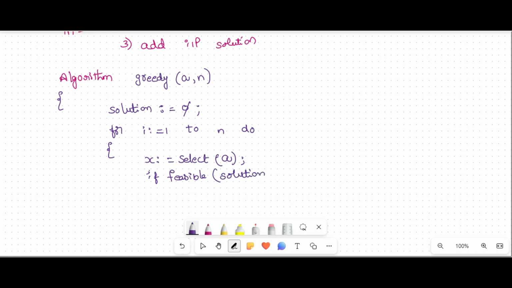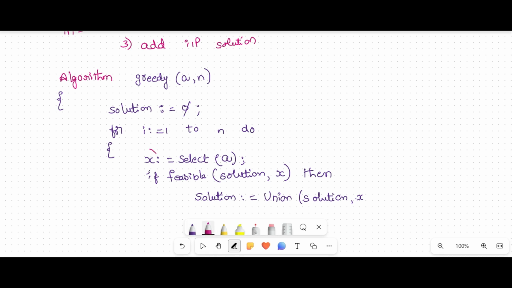Already some previous solution is there, so we are checking whether this X is feasible or not. If it is feasible, then we will add that input to the solution: solution equals union of that solution and that input X. What is the input here?